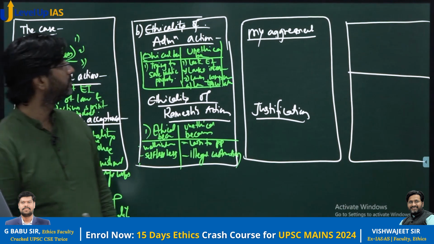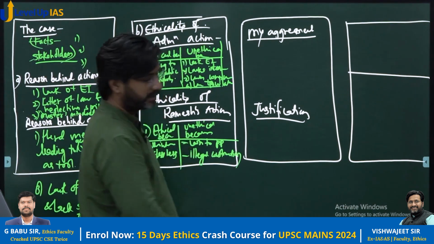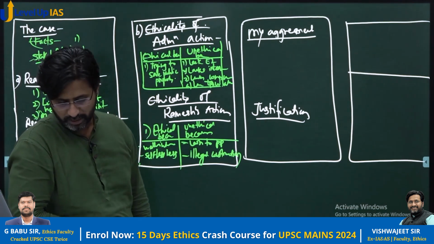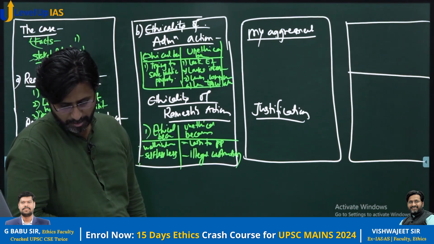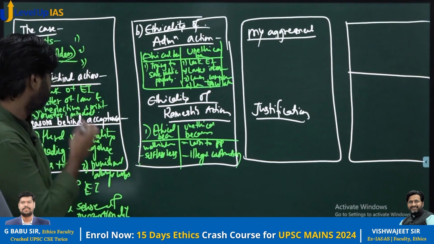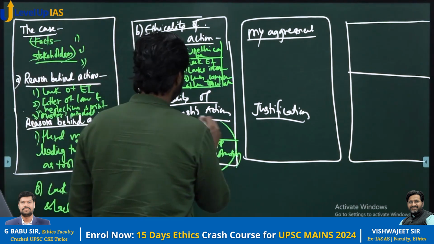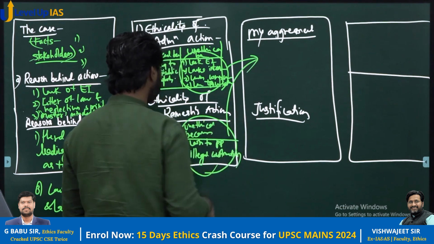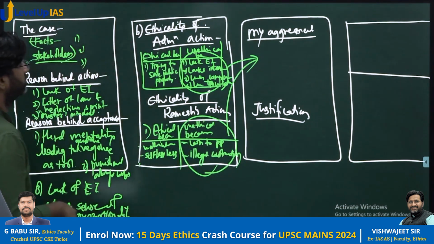Right? Then my agreement. They are asking as to what action do you agree with? Okay. So obviously, first of all, the unethical actions you disagree with, whether it is of Ramesh or that of administration.